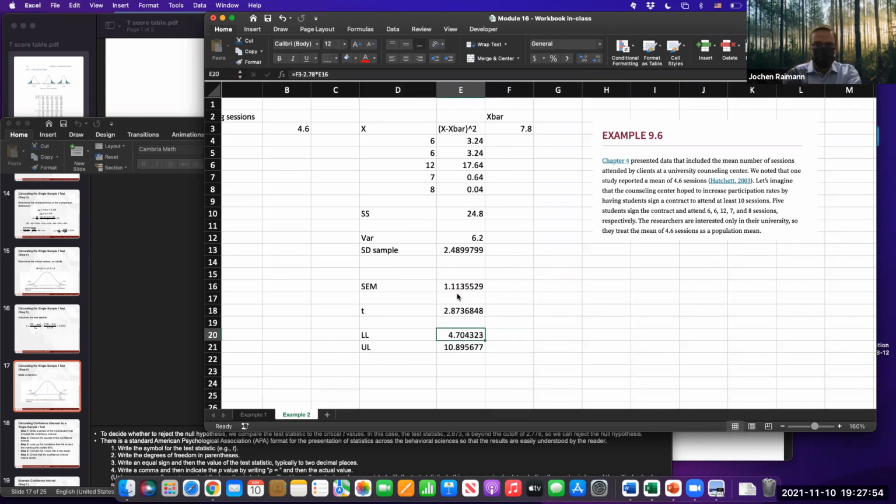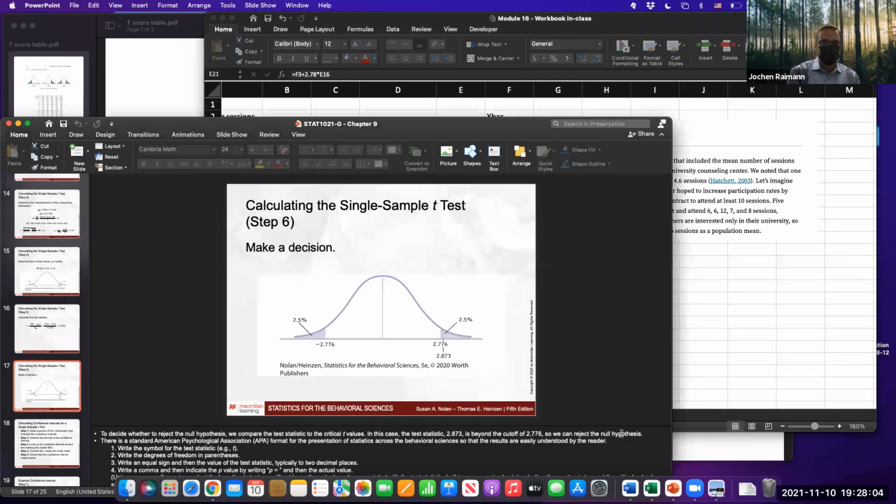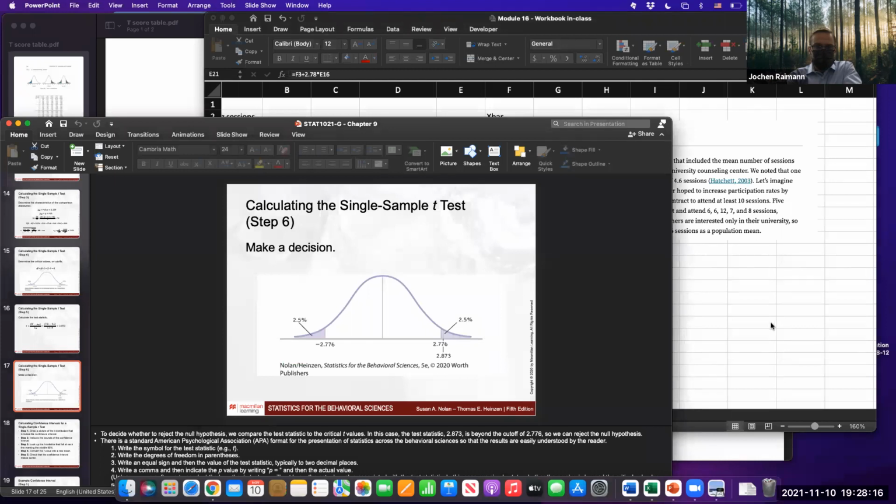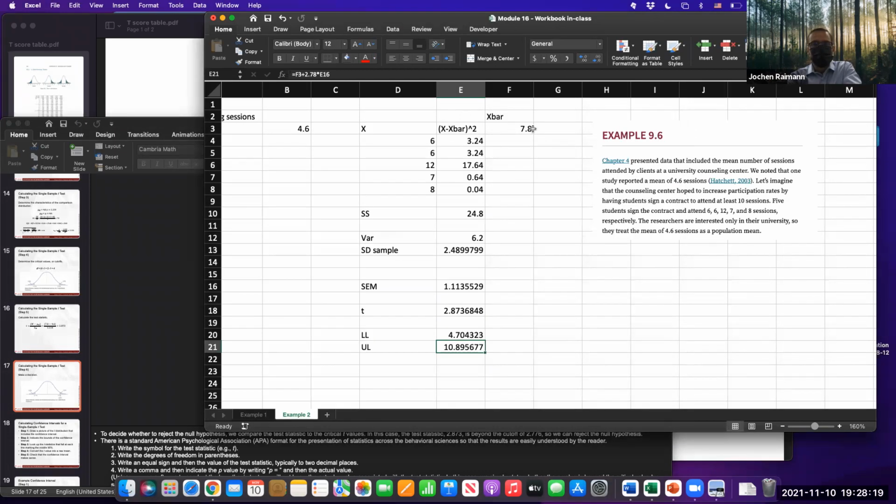So this is 4.7 to 10.9. Both 4.7 and 10.9. So this is now our 95% confidence interval. Our mean is now significantly greater than the 95% confidence interval, right?